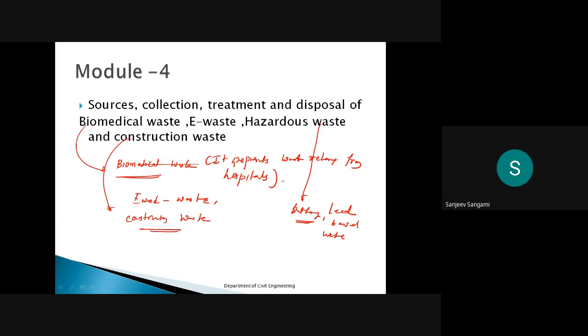How the construction waste can be disposed of, or how it can be processed for energy recovery or resource recovery. Ultimately, our motive should be to recover energy, or to recover the resources.